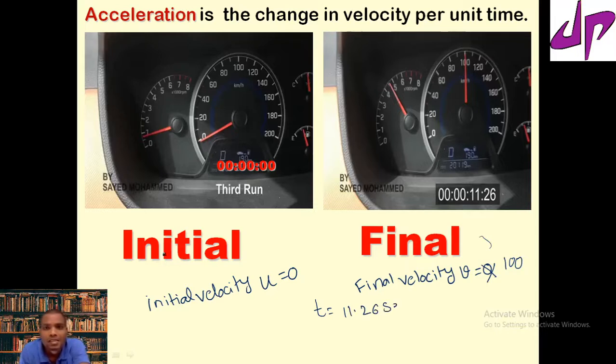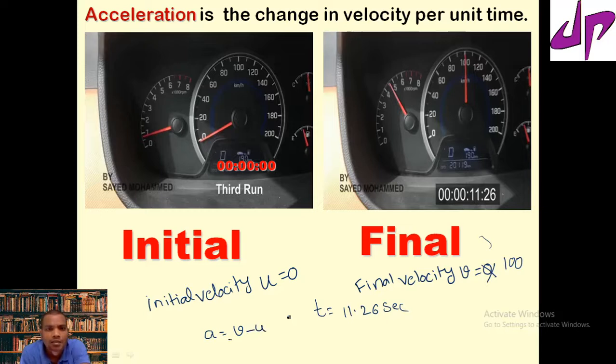Now by using the acceleration formula, acceleration A equals final velocity V minus initial velocity U divided by time t. Now we have these values, so we can substitute them in this formula and calculate the acceleration of the car.